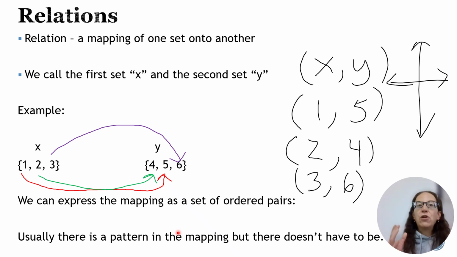If there's no pattern, we're kind of helpless. Sometimes there is no pattern, and that's something we need to know. But usually in math class, there is a particular pattern for how you map from one set onto the other, and there are certain features in what that might look like that we're interested in.